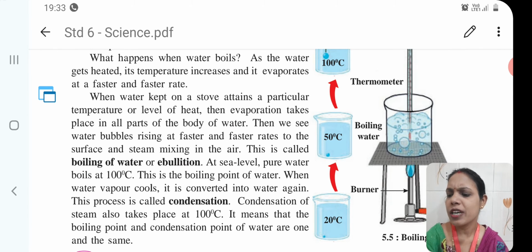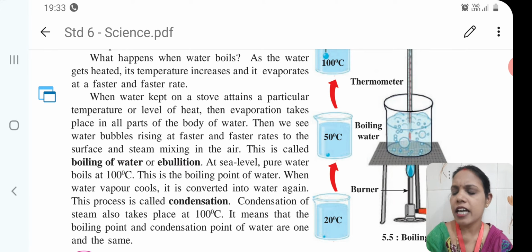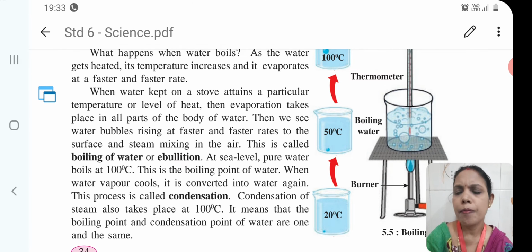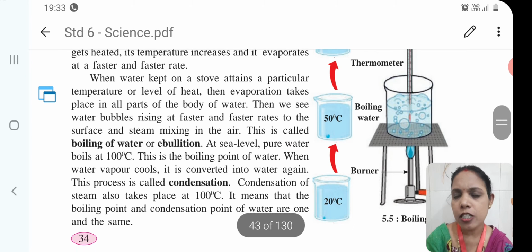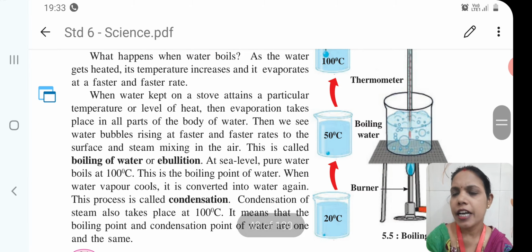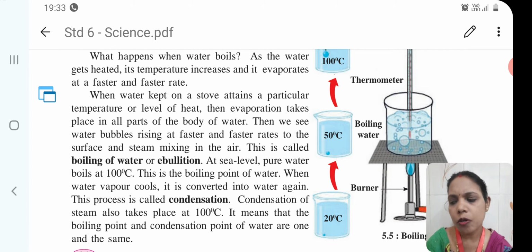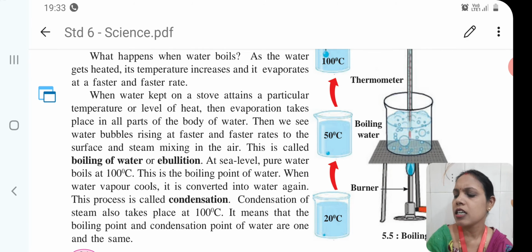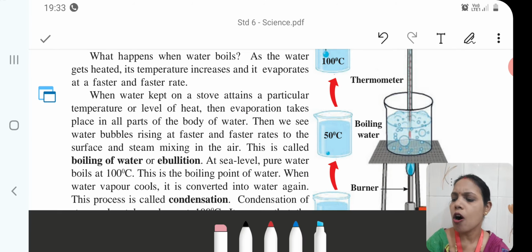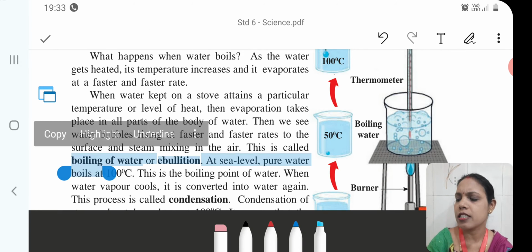Then we see water bubbles rising at faster and faster rates to the surface and steam mixing in the air. Children, it does not happen on only one side of the vessel. It takes place all around the vessel. This is called boiling of water or ebullition.